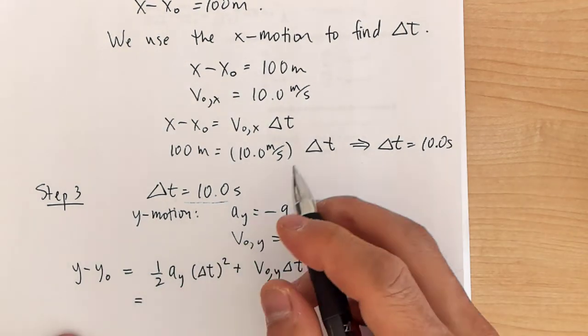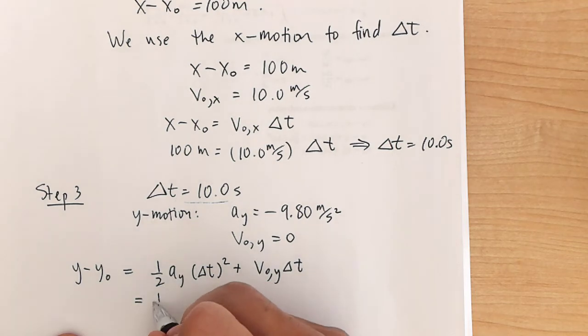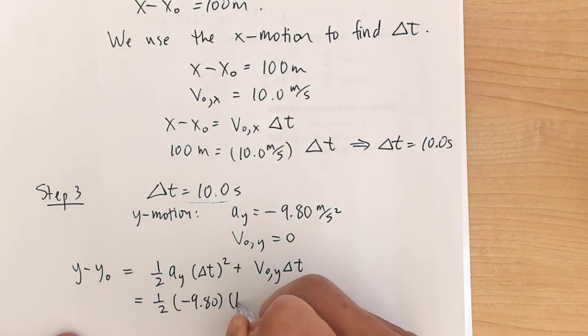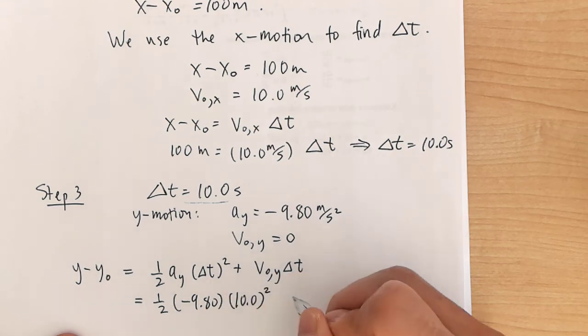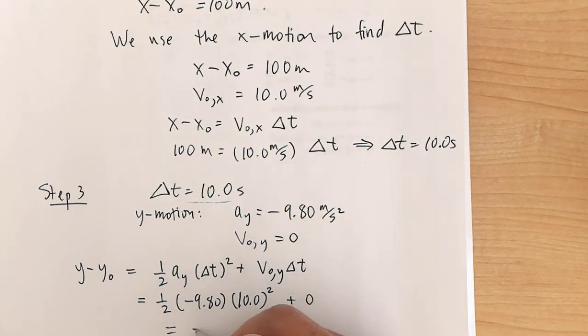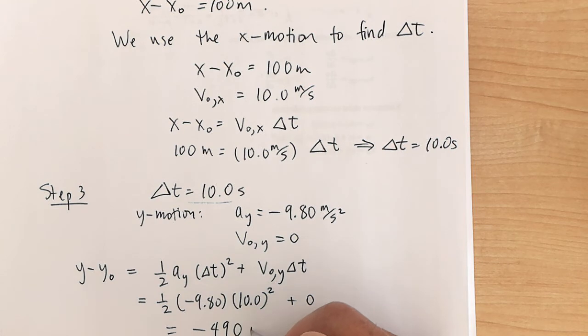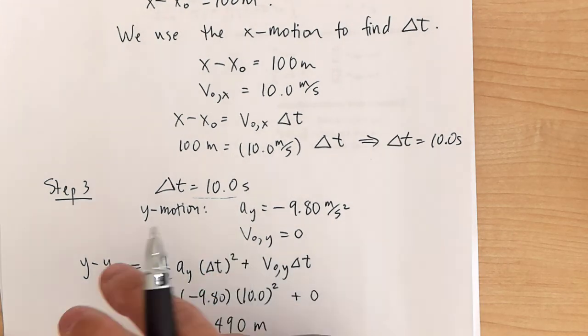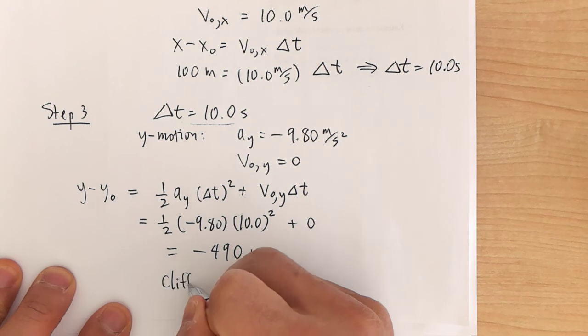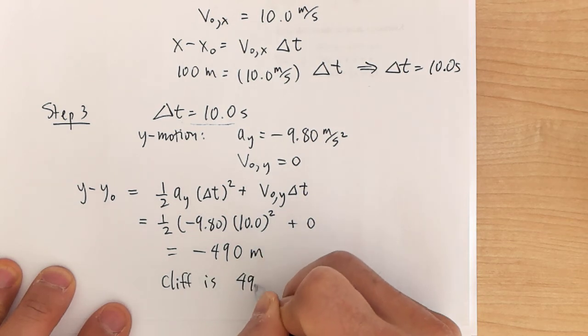Okay, so plugging in the numbers, we have 1/2 times minus 9.8, times 10 seconds for delta t, squared, plus 0 here. And so I end up with minus 490 meters. So the displacement is minus 490 meters, and the cliff is 490 meters above ground.